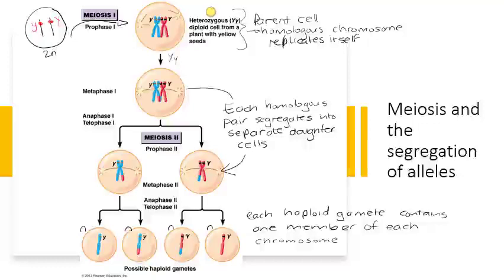Once these move into meiosis 2, each homologous pair is then separated by these spindle fibers. They're pulled apart, they go to each opposite side, and you end up getting one homologous chromosome in each of these cells. And these are now your daughter cells. This is the beginning of prophase 2.